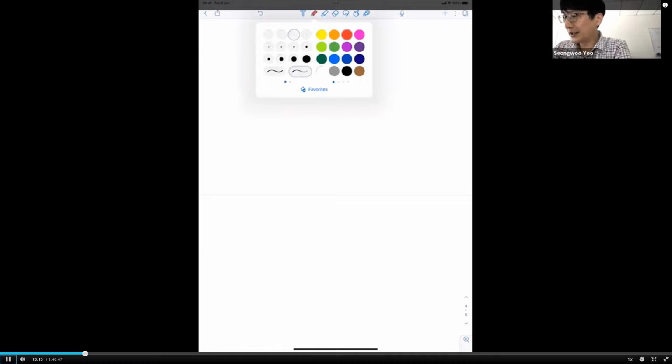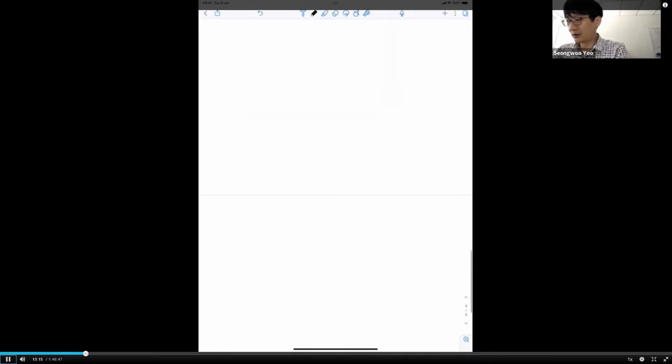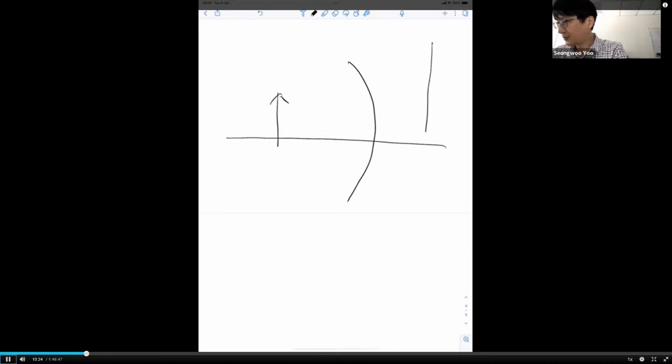Now I'm going to draw the same diagram here, starting with this horizontal line, and then I have this concave mirror. We have an object, and then we have an image. Now, this light travels from left to the right. This is our convention.